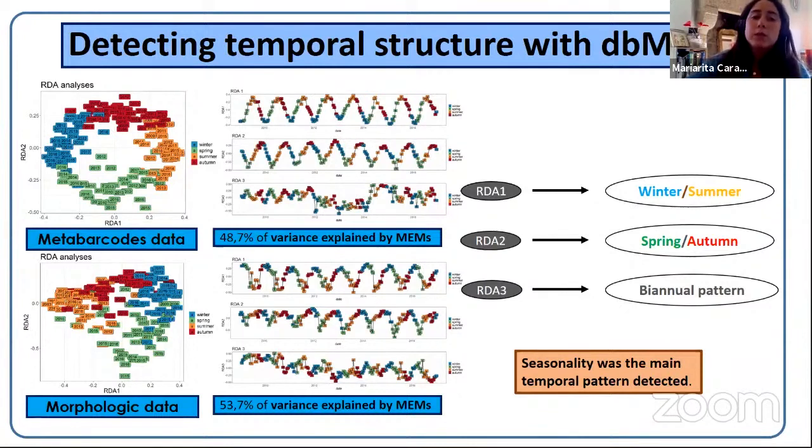In the first axis, we could see the winter-summer seasonality, while in the second axis, the spring-autumn seasonality. In the third axis, instead, we detected a sort of biannual pattern. And thanks to the dbMEM, we were able to explain more than 50% of the variance.